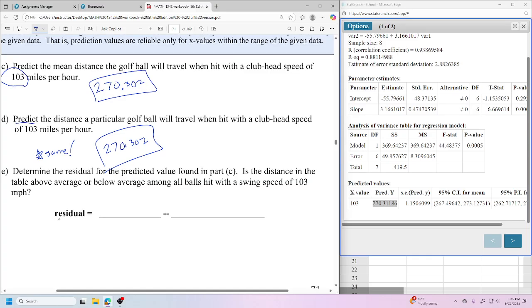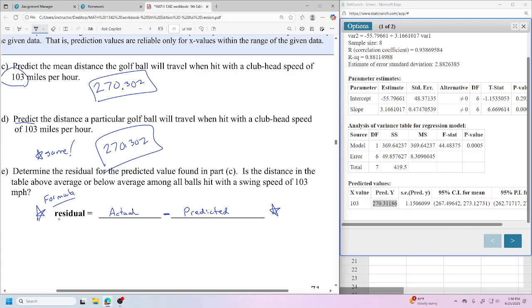Okay, cool. Now, it says determine the residual for the predicted value. This is actually a formula. Let me fill in the blanks here. Residual is actual minus predicted. I cannot stress enough how important this little silly formula is to you. You will have this on your homework. It will come up again and again. It's just a minus.